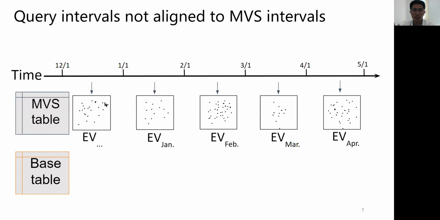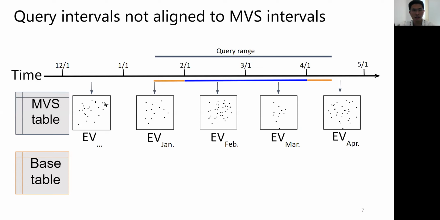However, we're dealing with ad hoc queries, so not all of the query ranges are aligned to intervals. For example, one of the query ranges was from January 15 to April 15, which completely covers 2 EVs and has 2 gaps at the beginning and the end.